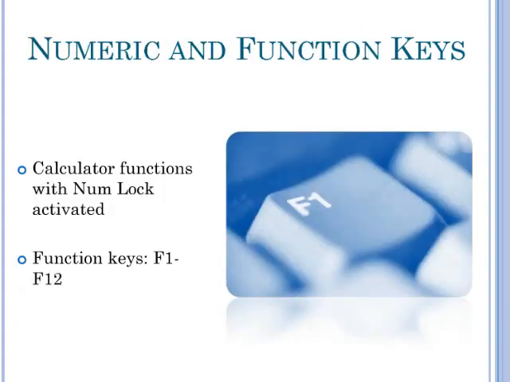Now let's look at the numeric and function keys. Notice the numeric keys look like a calculator, and some have arrows on them. See the numlock key at the top? When you have it on or activated, it locks those numbers so their functionality is limited to only those of a calculator. If the number lock key is not activated, those number keys with arrows on them move the cursor around your document.